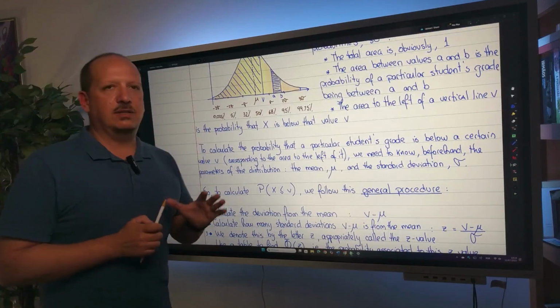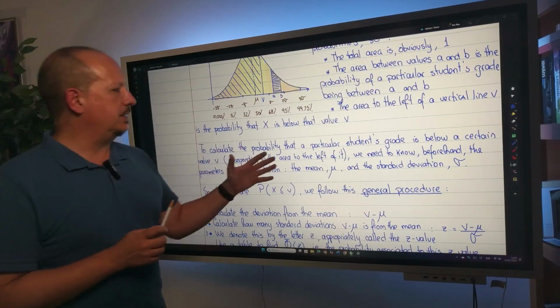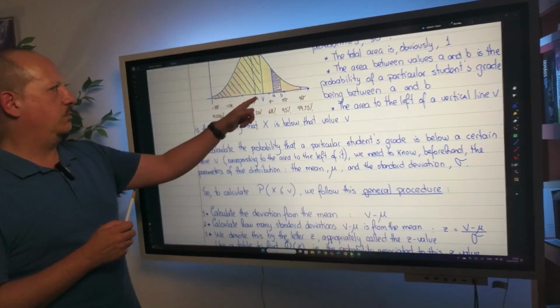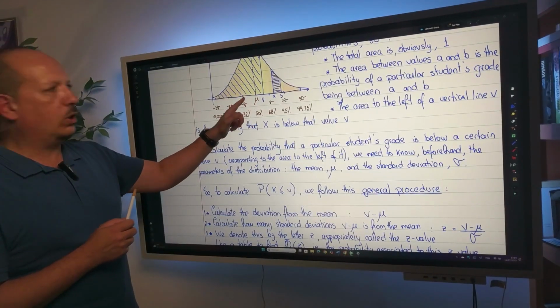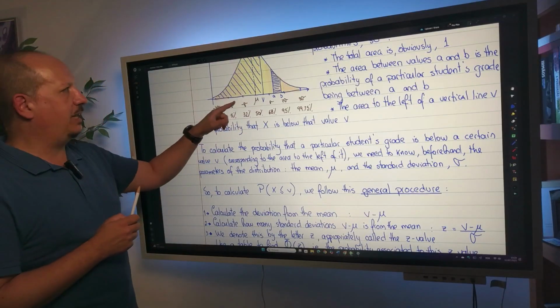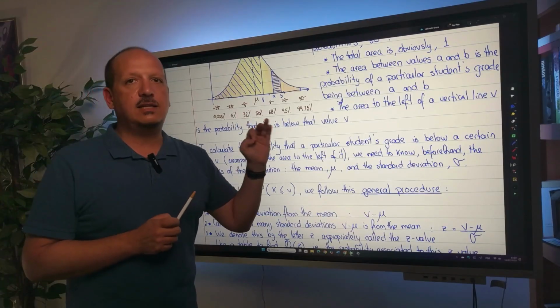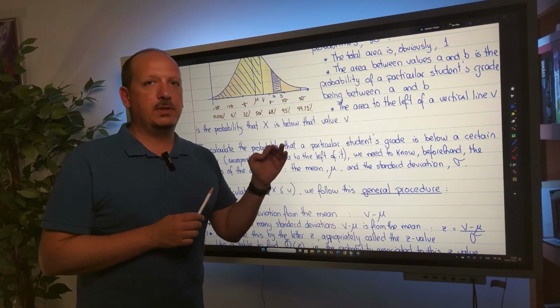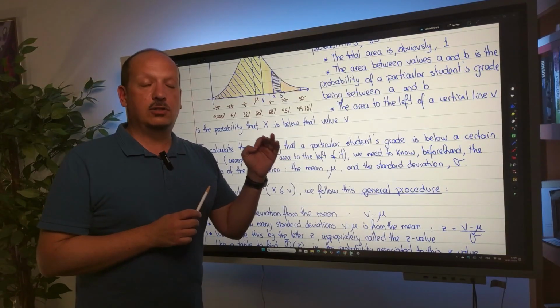What do we have to do then to calculate the probability that a particular student's grade is below a certain value V over here? What do we have to do to calculate the probability is below a certain value V? This is the only thing that you can do when you are studying the normal distribution.